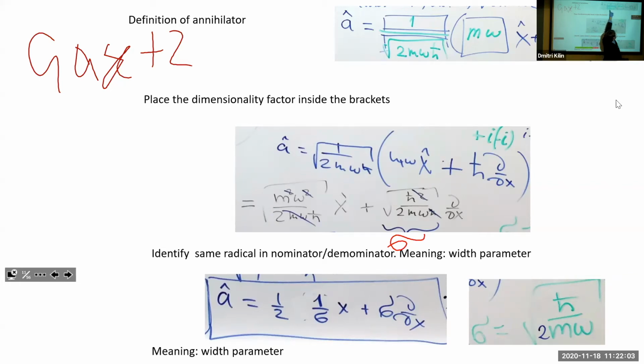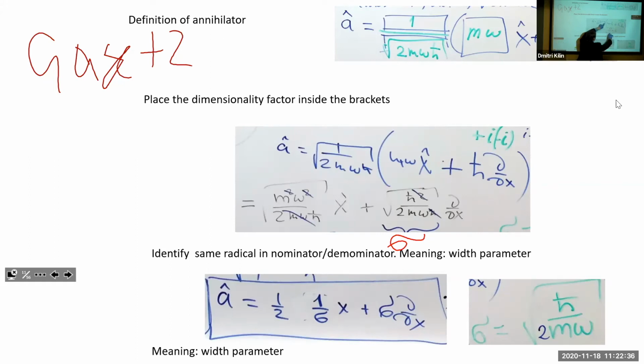But if our goal is to convert into the differential form, we just replace p with minus i h bar d/dx, the derivative in space. The imaginary units will compensate each other. And then we can play with the factors. So we can bring this factor from outside of the bracket inside. And then there will be an interesting observation.